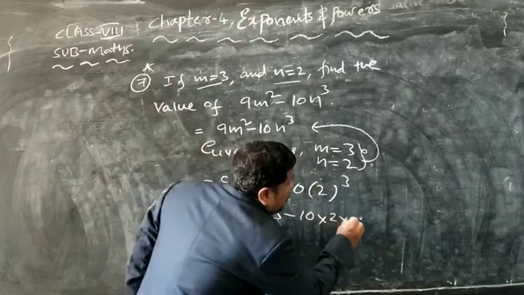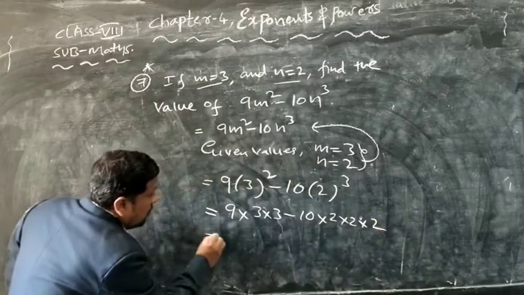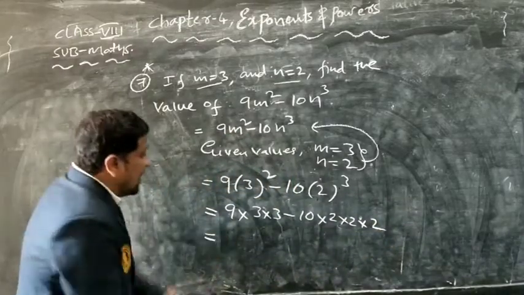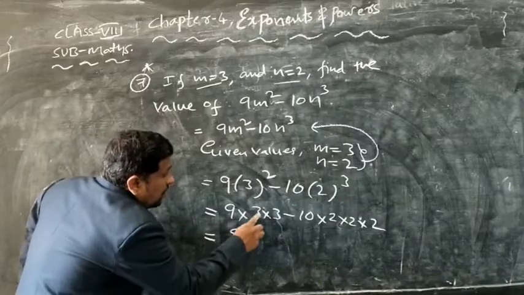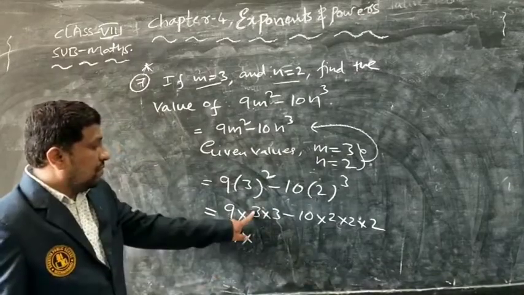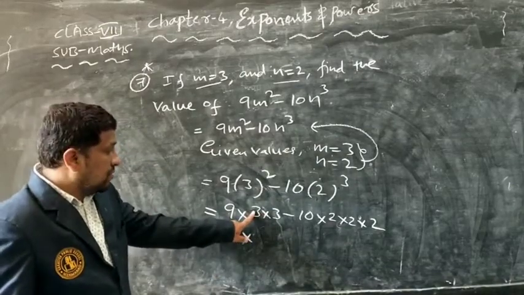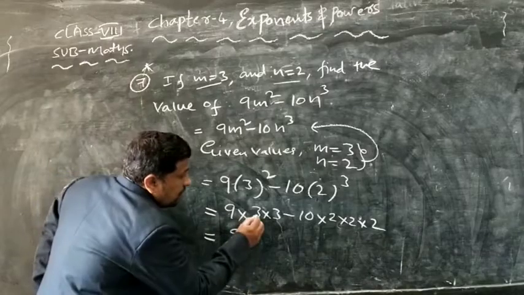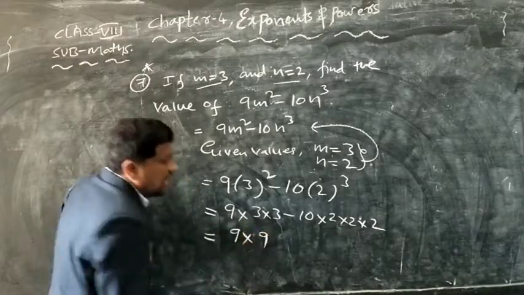Means 2 into 2 into 2, is equal to 9 into 3 3s are 9.